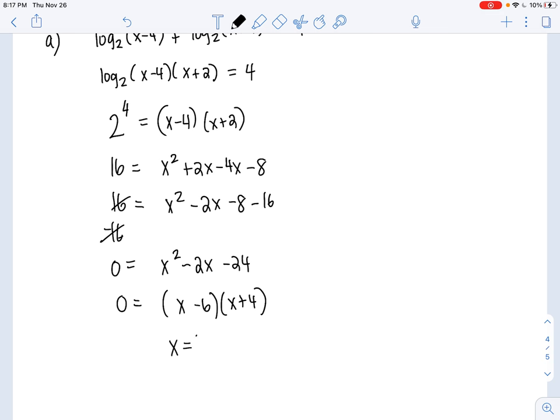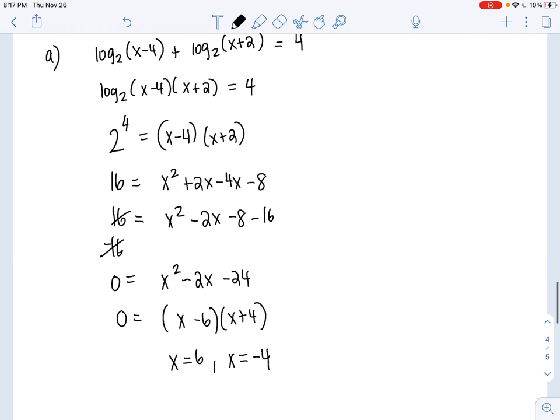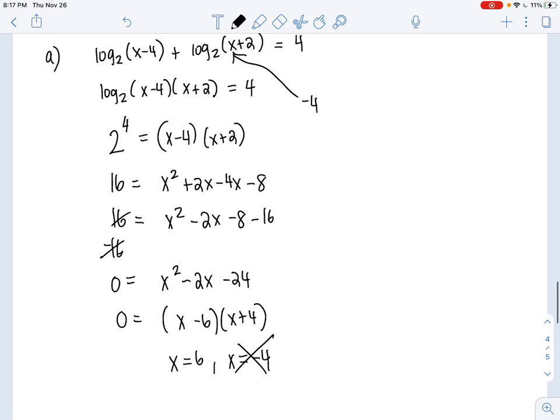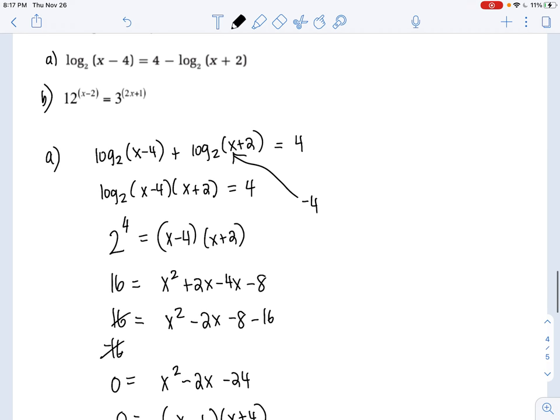So our solutions are x equals 6, x equals negative 4. If you look at it and even check, negative 4 will not work because of the x plus 2 inside the bracket. If I substituted negative 4, you're going to see that the bracket equals a negative, which you're not allowed to evaluate. So the only answer that's possible is x equals 6.